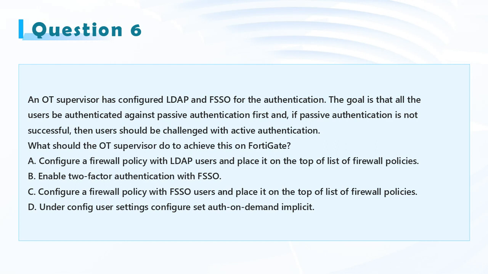A. Configure a firewall policy with LDAP users and place it on the top of list of firewall policies. B. Enable two-factor authentication with FSSO. C. Configure a firewall policy with FSSO users and place it on the top of list of firewall policies. D. Under Config User Settings, configure Set Auth on Demand implicit.